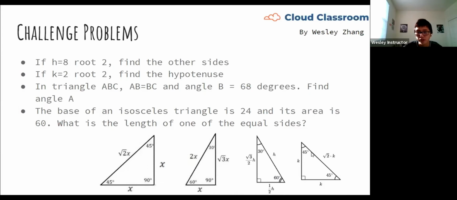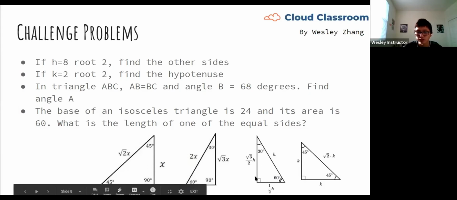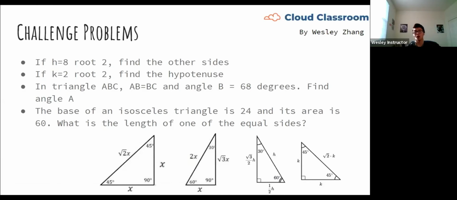Oh, and for H, H is for the 30, 60, 90 triangle, and K is for the 45, 45, 90. All right, let me make that easier.